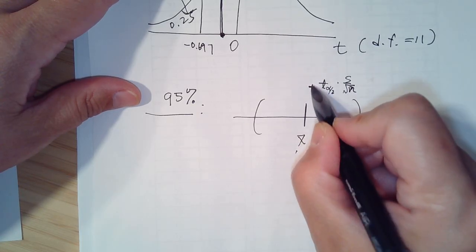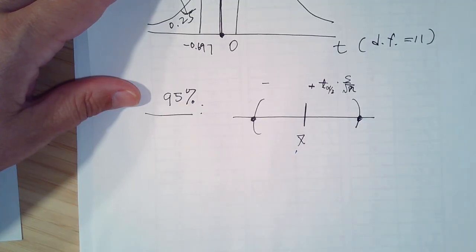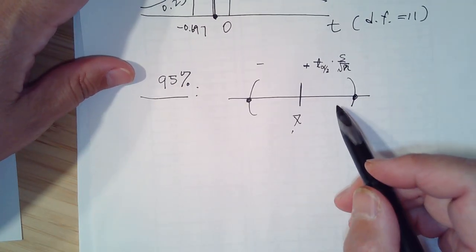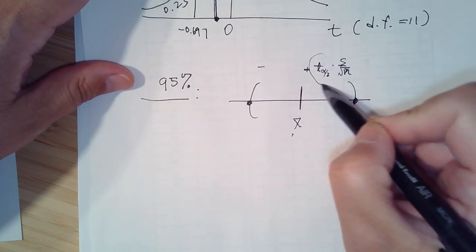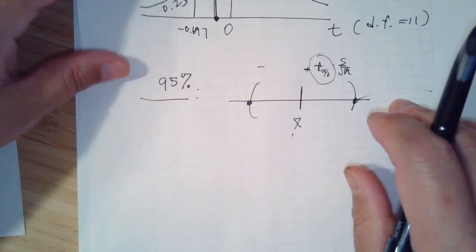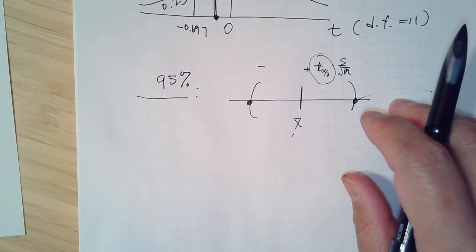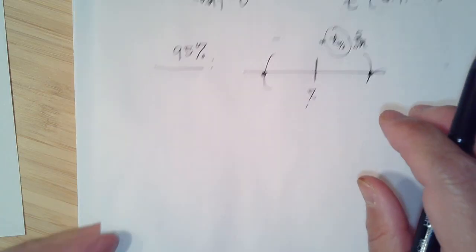Because you plus that and you minus that, so you have this number and this number, right? And then when you have your test statistic, you compare with this. So it could be either outside or inside.